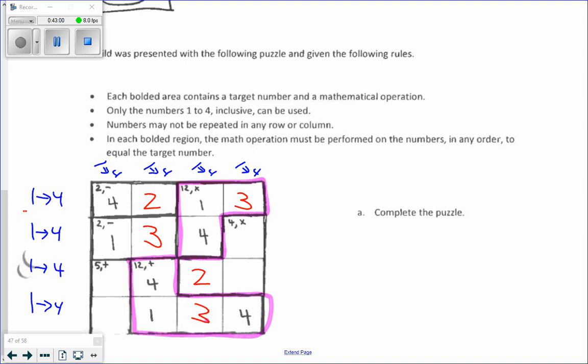If we look at this row, a 1, 3, 4, that means that one has to be a 2. We've got a 3, 2, and 4 in our last column, so that means that has to be a 1. In our third row, we've got 1, 2, and 4, which makes that a 3.